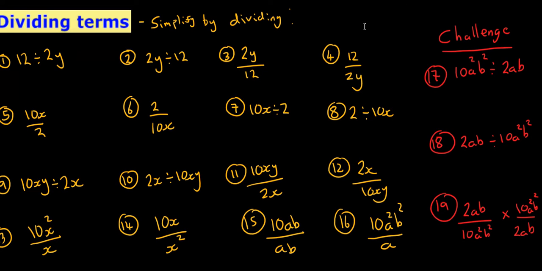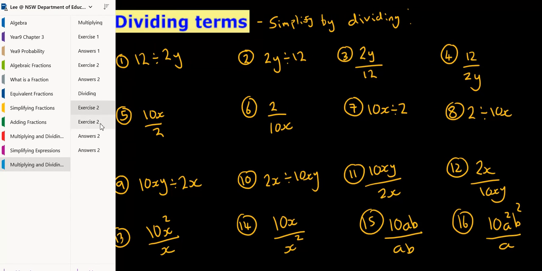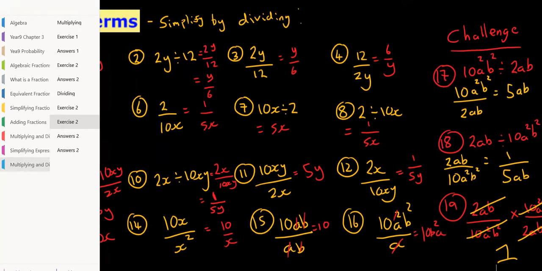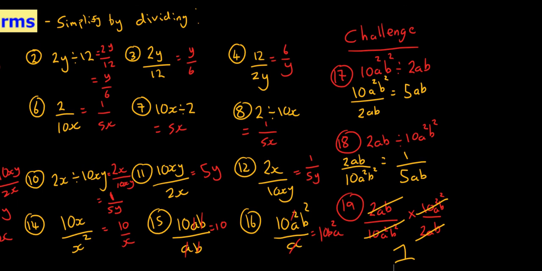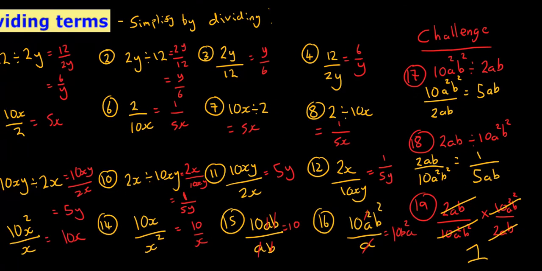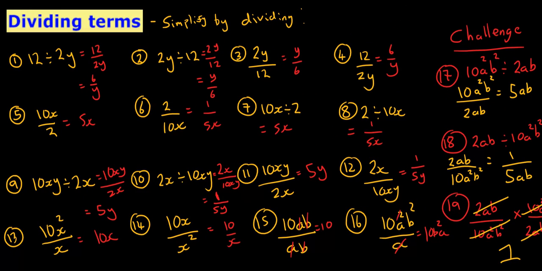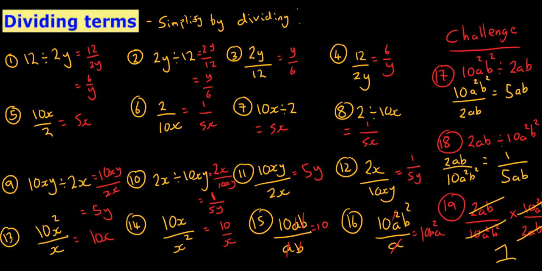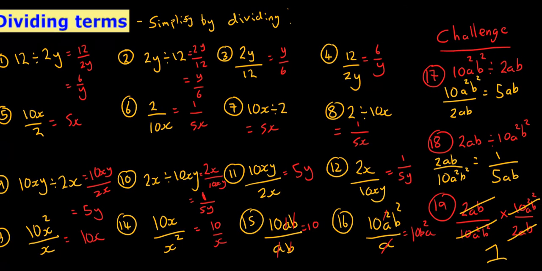So pause the video. Hopefully you've done that now, so let's have a look at the solutions. Pause the video and mark your work. And give yourself a mark out of 19.